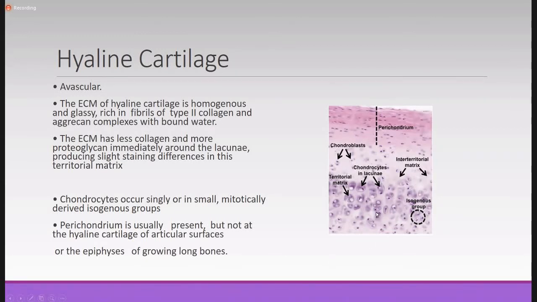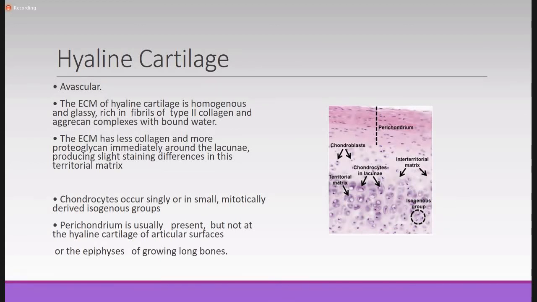The territorial matrix stains slightly darker compared to the interterritorial matrix. Chondrocytes occur singly or in a small mitotically active isogenous group of 4 to 6 chondrocytes.